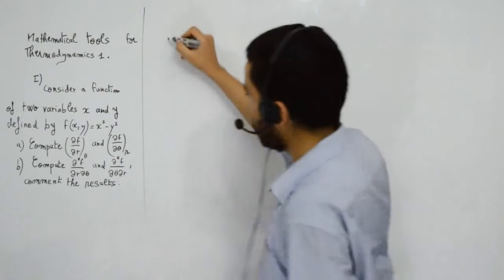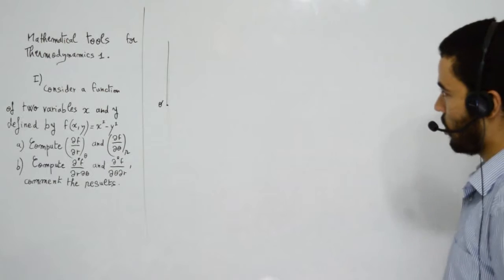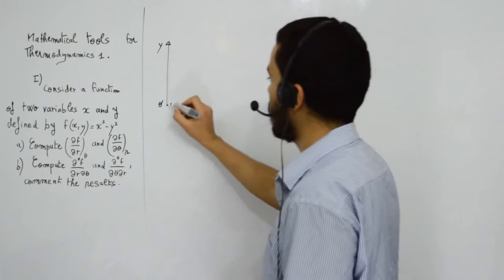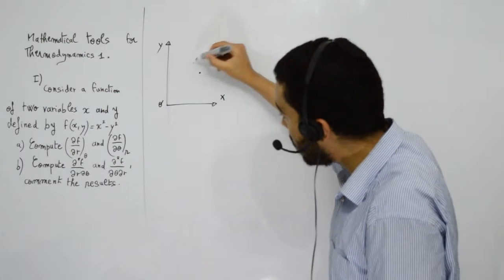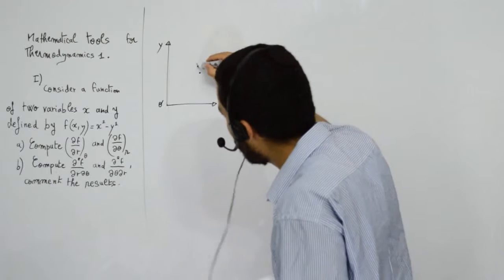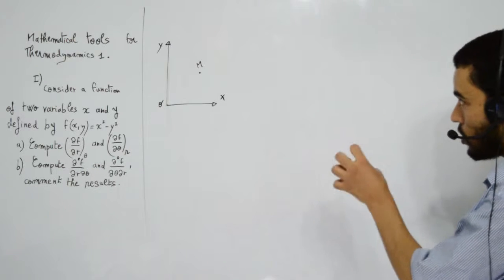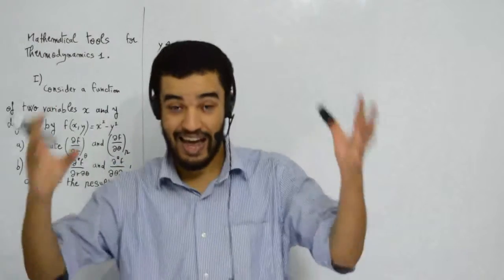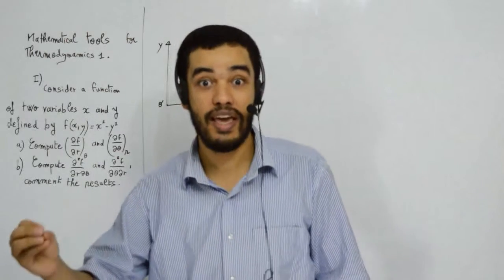Okay, so we have here the origin O, the y-axis, and the x-axis, and somewhere here we have this point M. If we want to locate the point M accurately, we need polar coordinates.